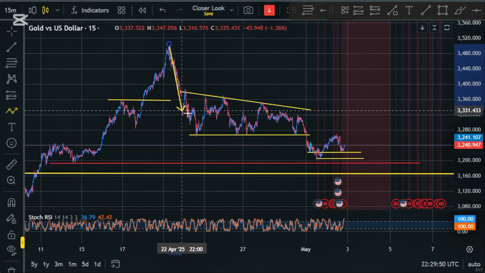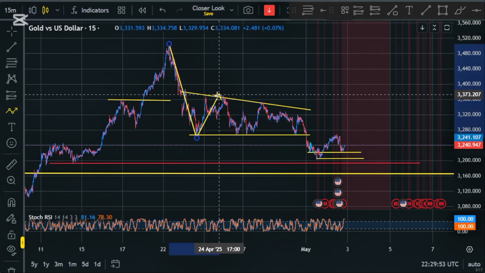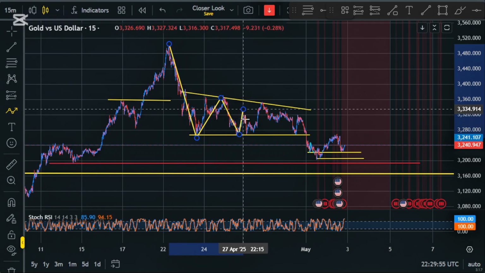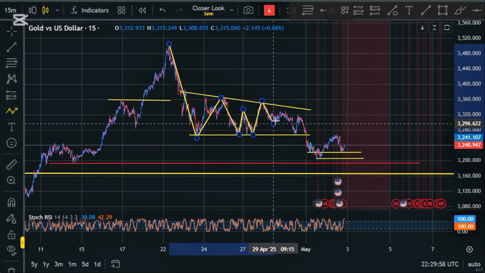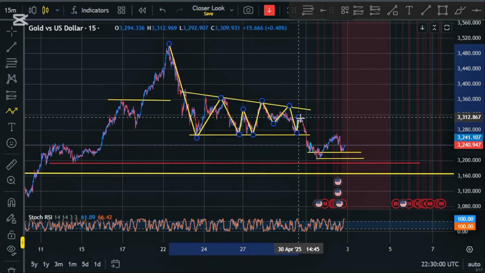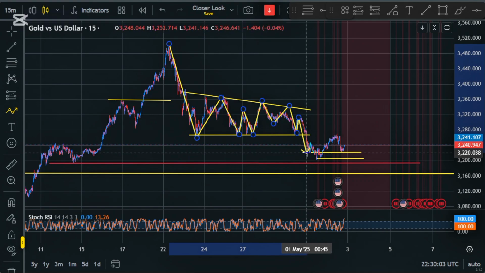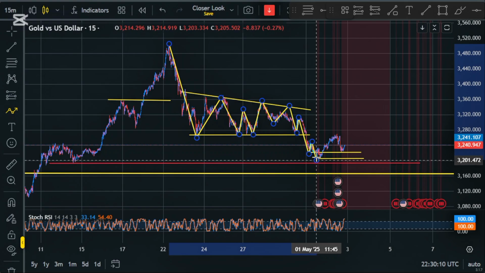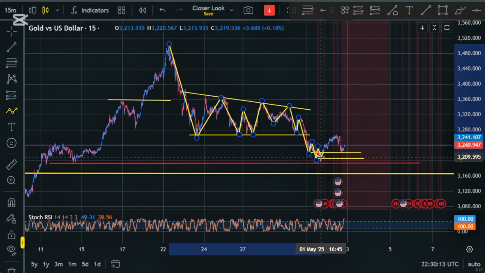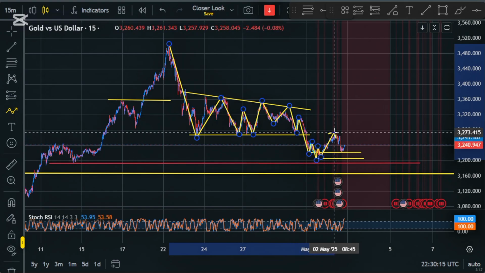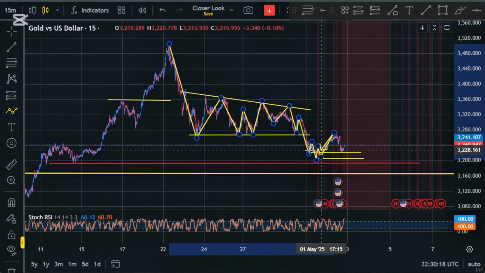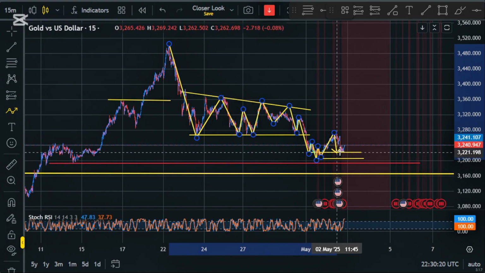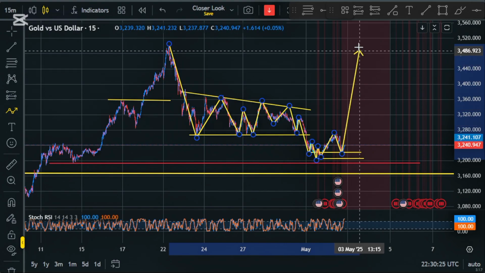Then the market came down here, ranged and built liquidity around there, and this liquidity was taken out. It came back down here, and there was an inducement here. The market came down again, created structure over here, then broke structure to the upside. Then the market should come back to the region of inducement before an upward move.